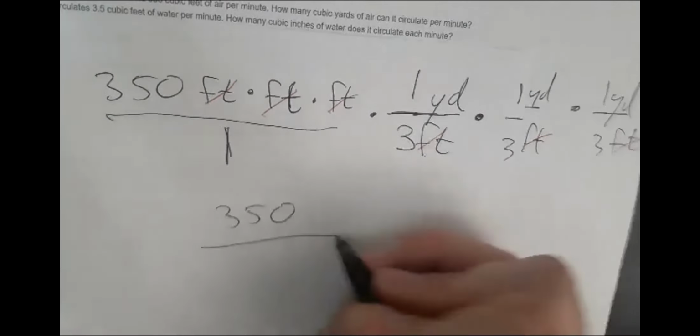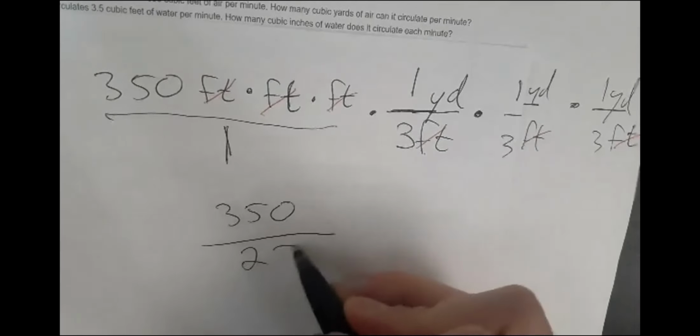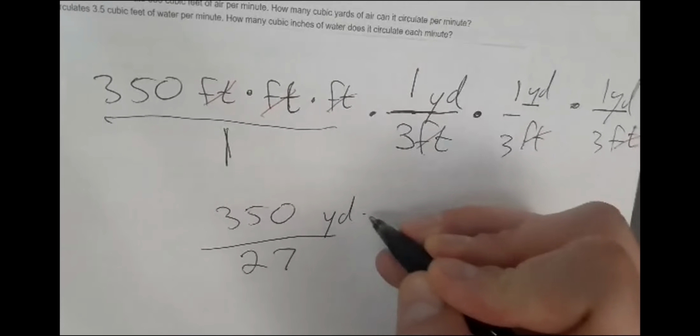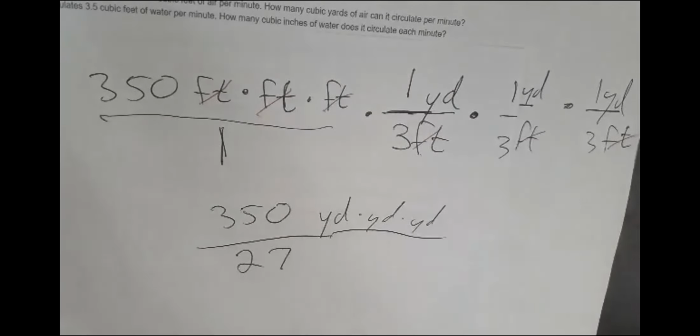On top, we have 350. On bottom, we have 3 times 3 times 3, which gives me 27. And on top, I have the units of yards times yards times yards. And so I'm taking 350 and dividing it by 27.